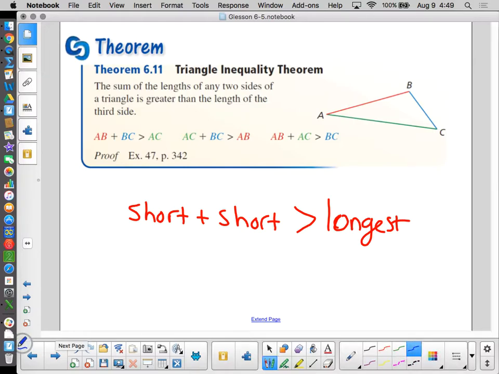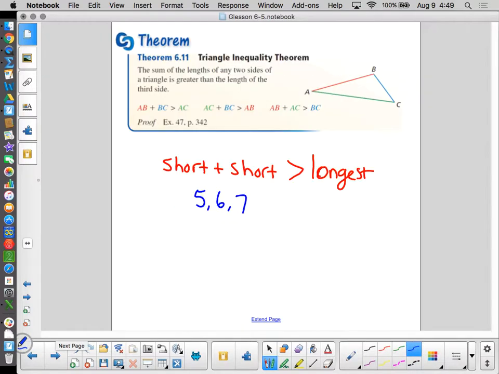So for example, could I have a triangle made up of 5, 6, and 7? Absolutely I can, because 5 plus 6 is greater than 7. Could I have 5, 6, 12? Could that be a triangle? Well, no, because 5 plus 6 is not greater than 12.